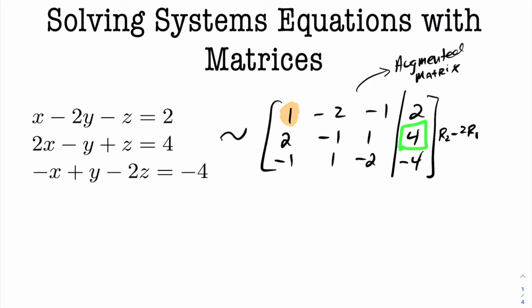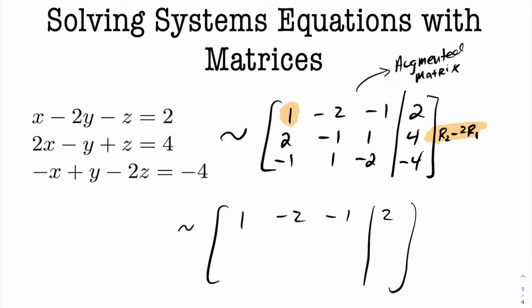And this entry here will be 4 minus twice this entry. So we're replacing the second row with the following operation. I'm not touching the top row, so I write it down just as is. I am also not touching the bottom row, so I write that down just as is, and this becomes 0.